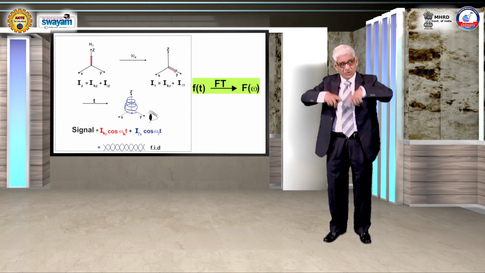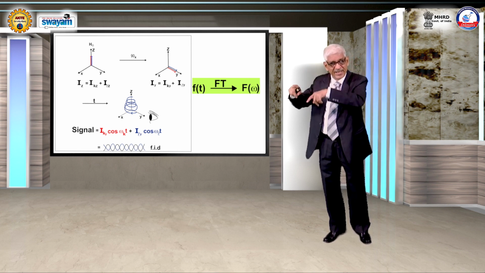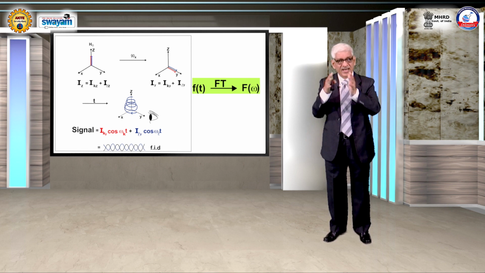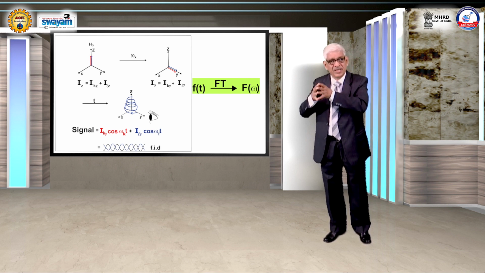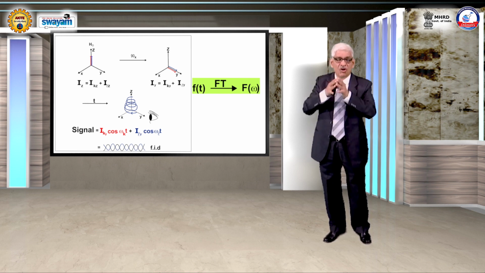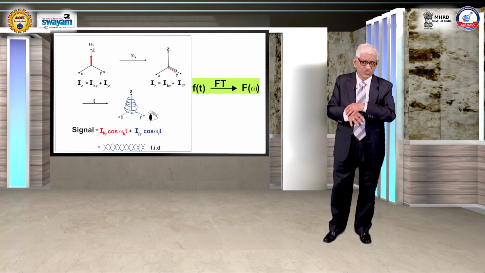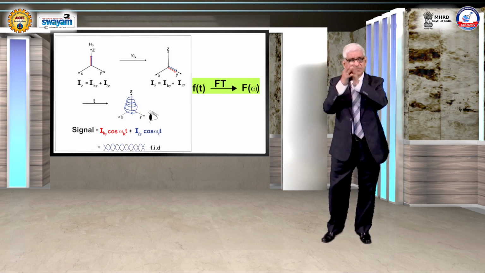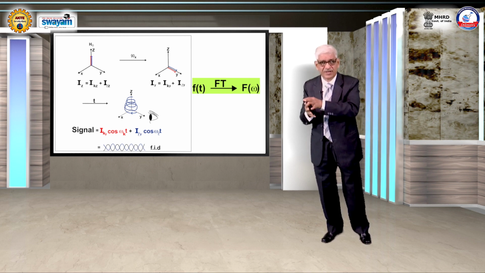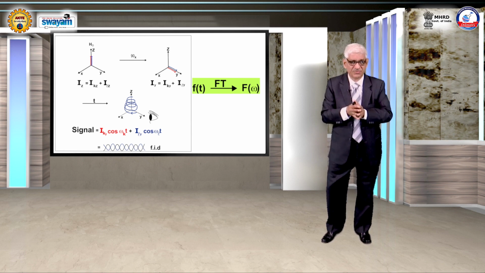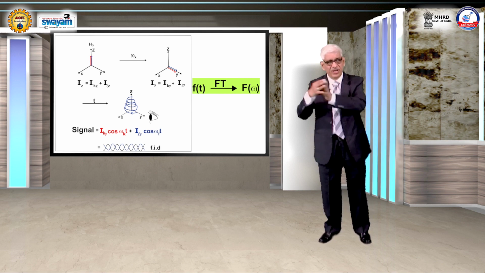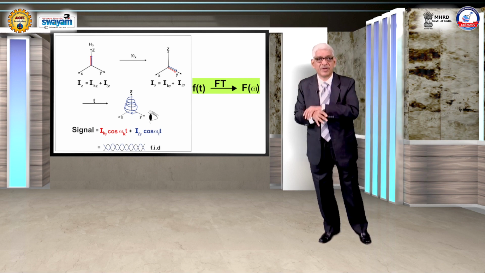Now the superposition is a mathematical entity, so let's analyze it in a mathematical manner. The superposition is a Fourier transform of your NMR spectrum. The time domain function is a Fourier transform of the frequency domain spectrum, and vice versa. So if I take the time domain function, which I call the free induction decay, and do a Fourier transformation, I get the frequency domain spectrum.